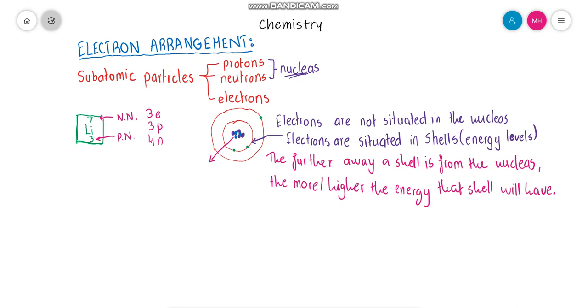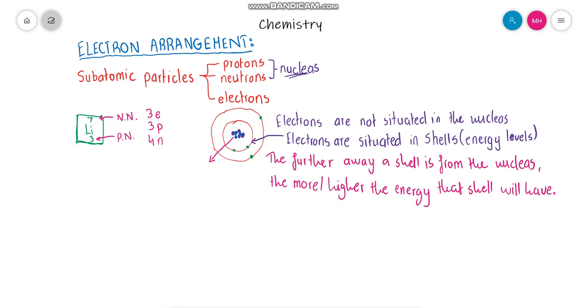And one more rule is that the electrons fill in from the inside and move outwards. So let's say another electron decided to join in. He would come here. Why?